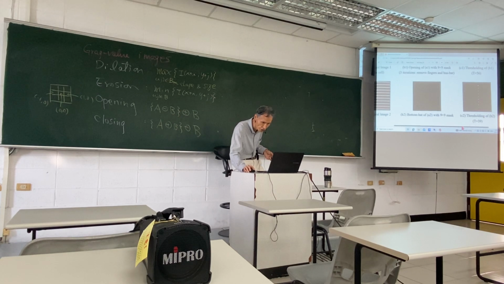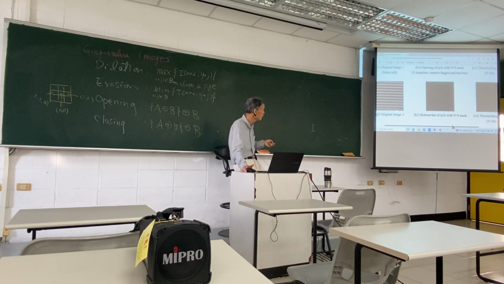And here's another application. Similar, again, it's a solar wafer. You use a bottom hat, or black hat. Again, the structural element is 9 by 9.